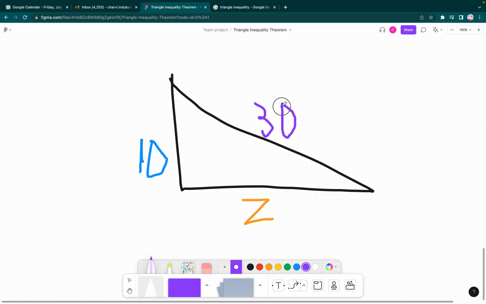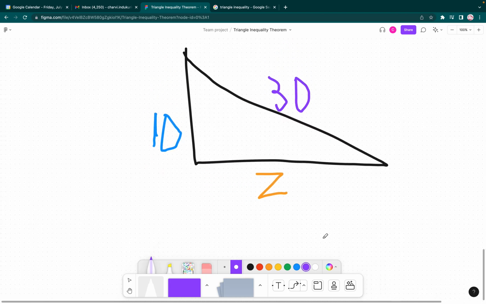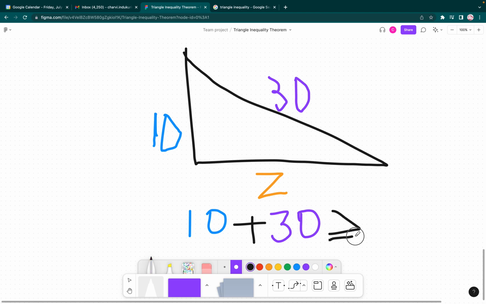These numbers may seem big, but they're simple to add. Feel free to pause the video and solve these questions, but we'll start. So 10 plus 30, we're starting to solve the questions by the way. And if you didn't get it, don't worry, we will do a couple of questions and then get it. It is either greater than or equal to z.